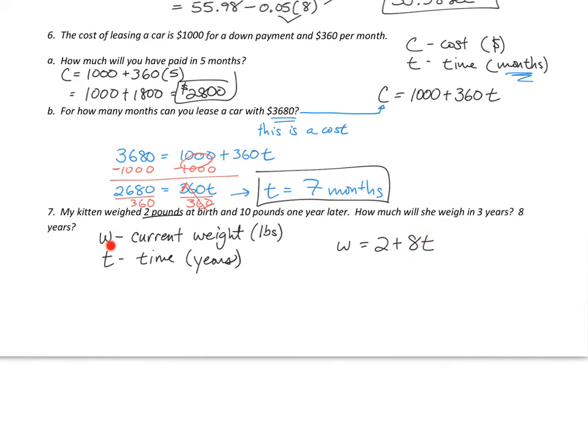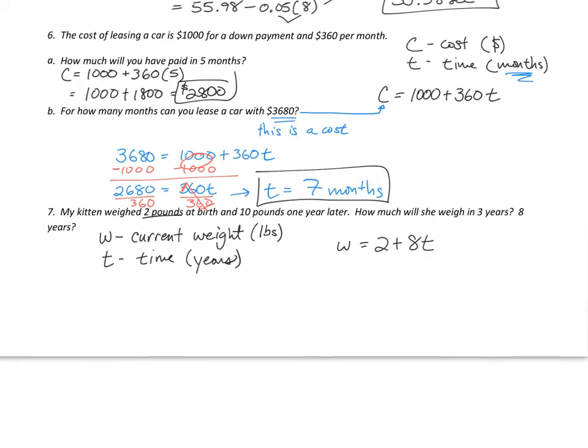So the dependent variable would be the current weight, which I am calling W, and the time here is in years, and we will represent that by T. So the weight is 2 pounds at the beginning plus 8 pounds for each year after that.